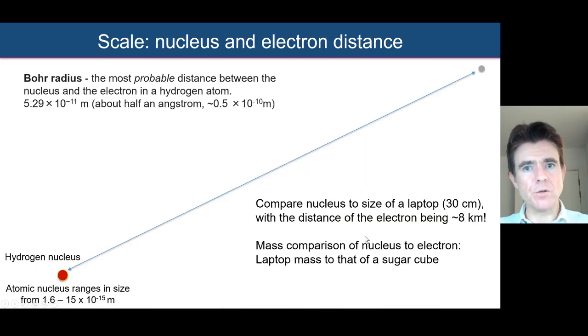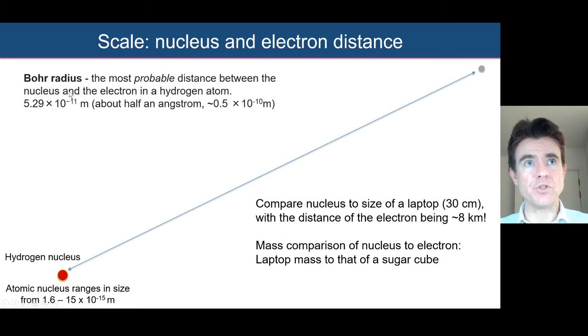Now, to take a look at that scale that we've just considered, we'll look at the case of a hydrogen atom, where we're going to consider a single proton as the hydrogen nucleus, and then look at the distance of an electron from the hydrogen nucleus. And this is called the Bohr radius. We'll get on to the Bohr model of the atom in later videos.